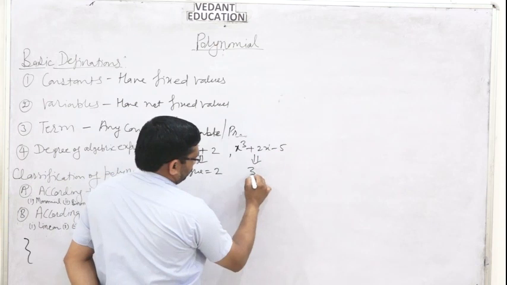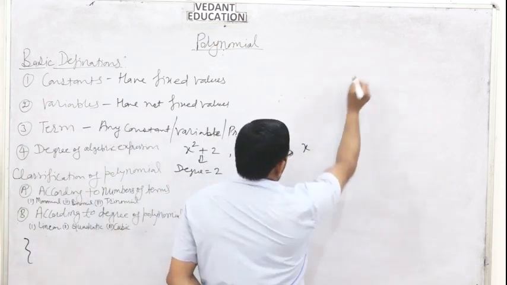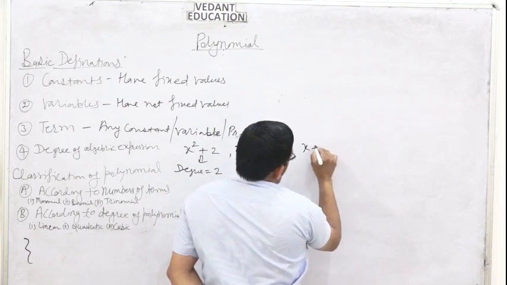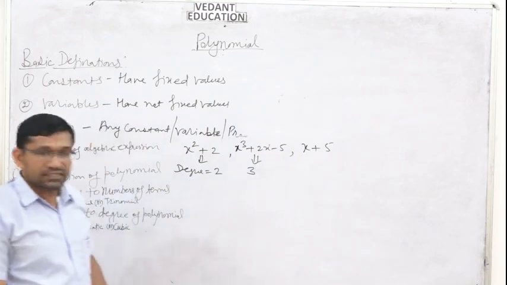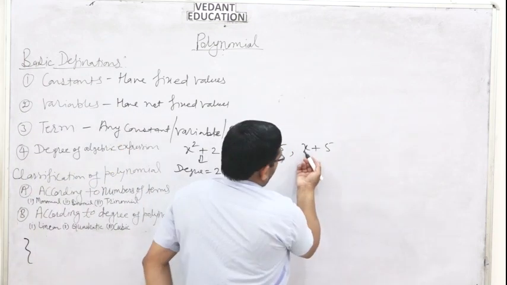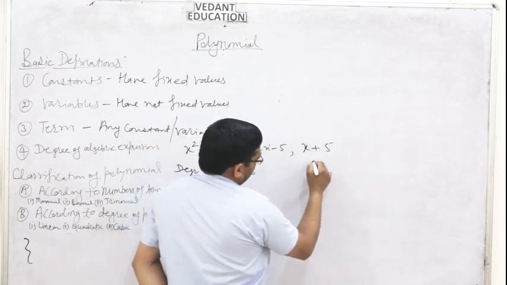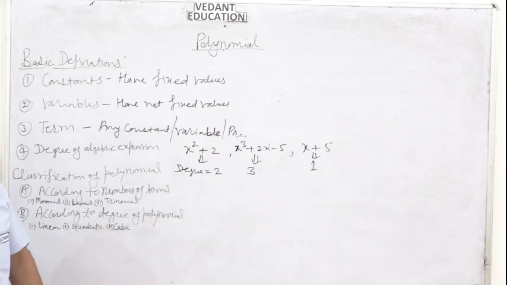So degree is equal to 3. Any other example, suppose x plus 5. This is also an algebraic expression. This variable is x. Highest power of variable is 1. So degree of x plus 5 is 1.